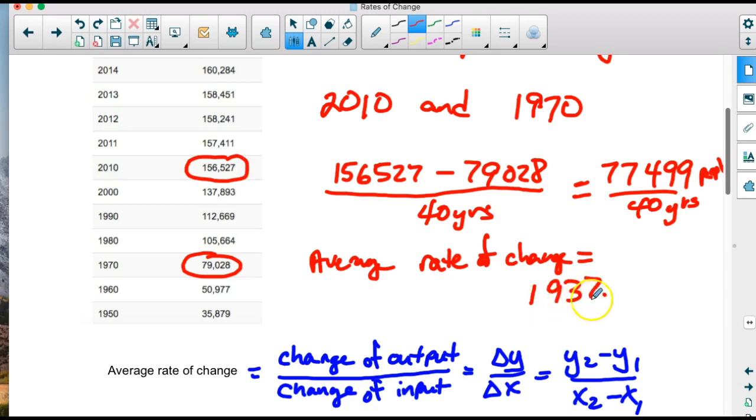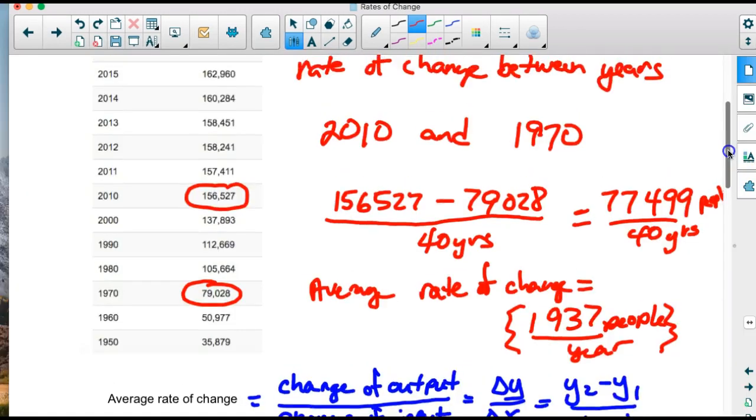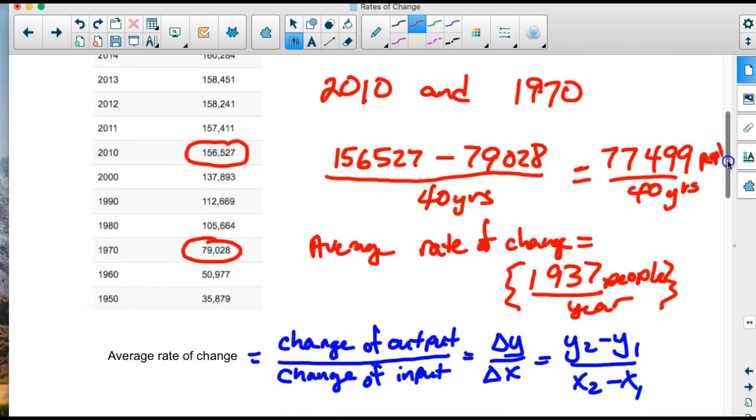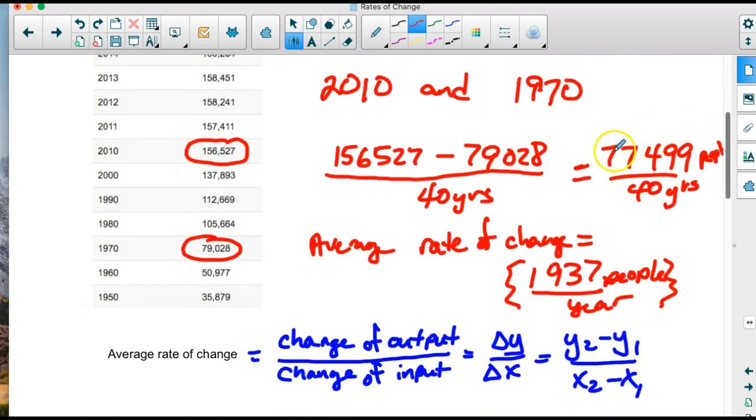We probably just leave it as that, people per year. And we would have those quantities here, people in years, as a rate. You can also say that you got 77,499 people in 40 years. That's a rate also. This is the average rate when we actually divide.